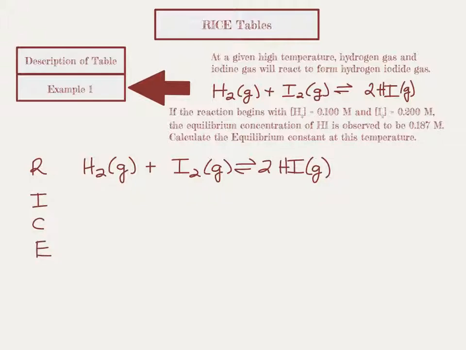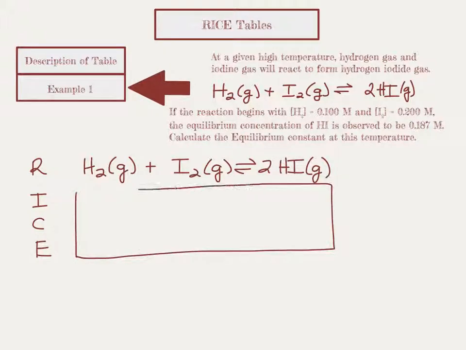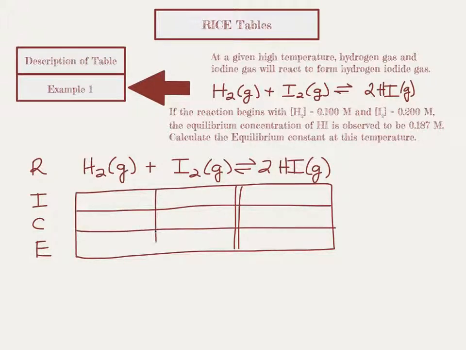Next is organizing all of our numbers into initial concentrations, change of concentrations, or equilibrium concentrations. So I'm going to go ahead, make a table. As a personal preference, I like to put 2 lines where the equilibrium symbol is, and then make general boxes for everybody else.